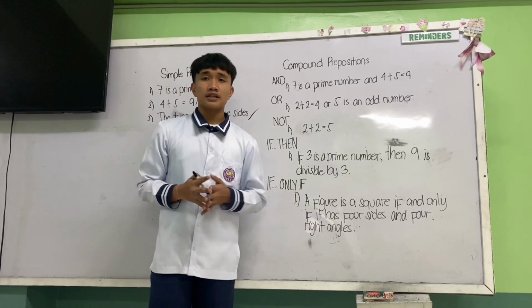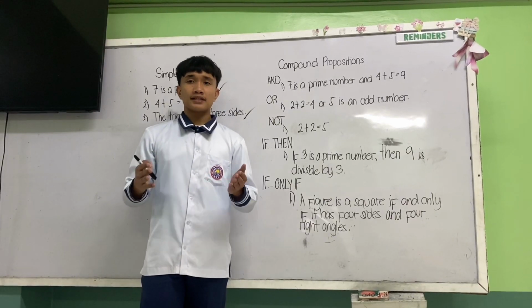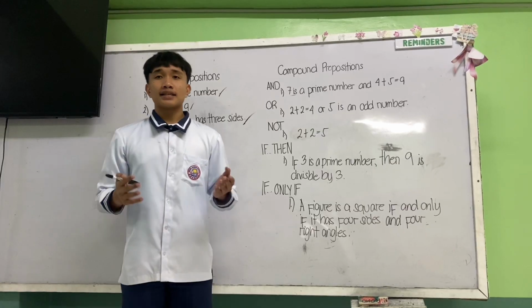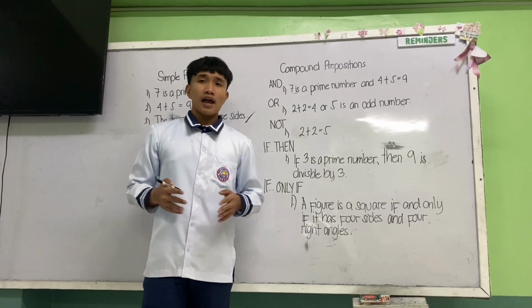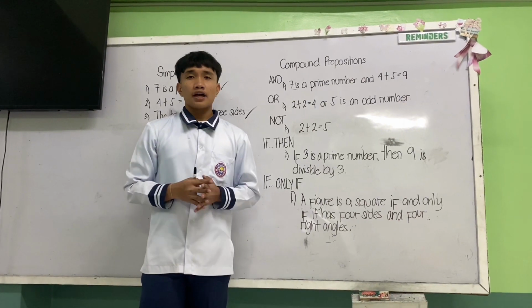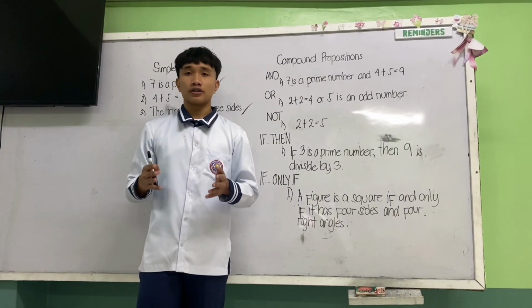The key rule is if either proposition is false, the entire statement becomes false. Example, 7 is a prime number and 4 plus 5 equals 10. Here, the second part is false, so the entire statement is false.